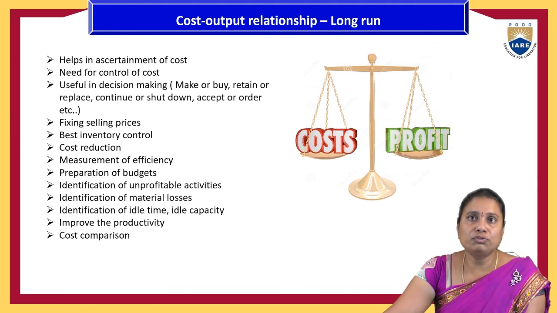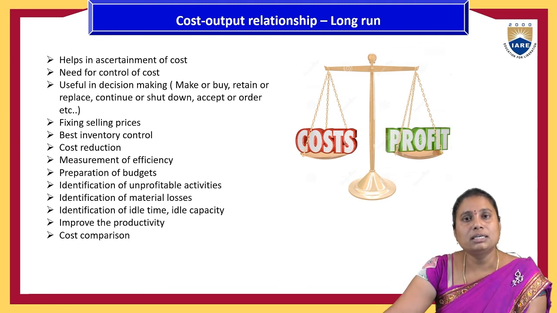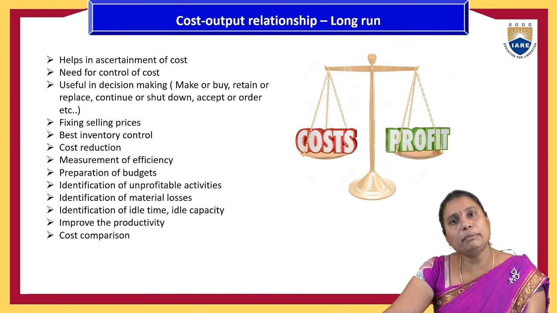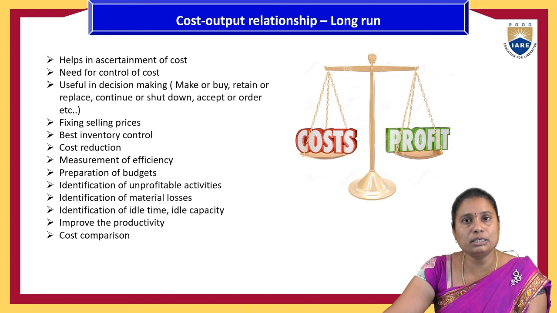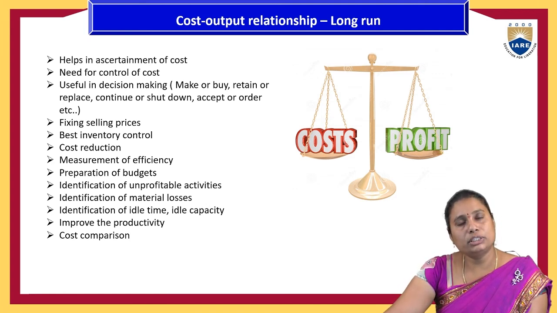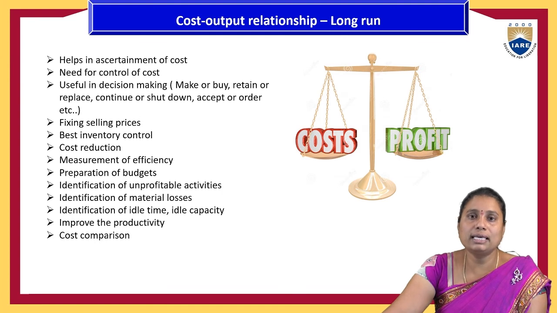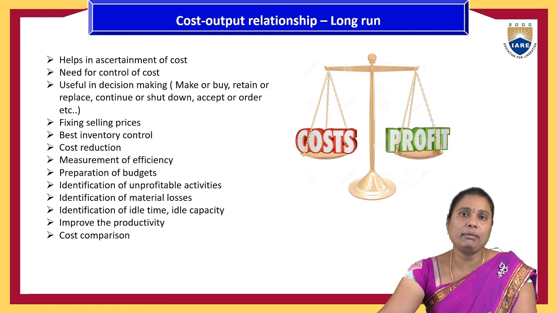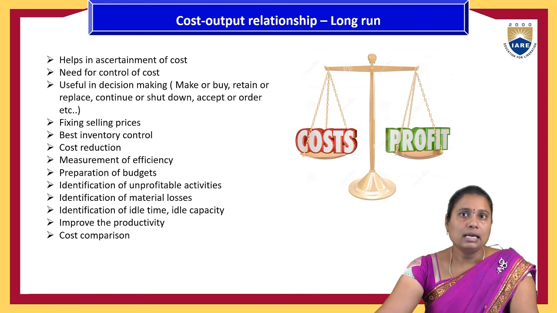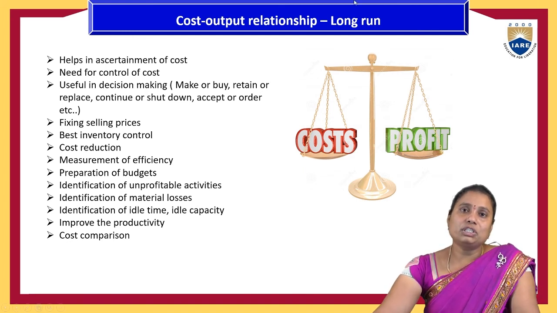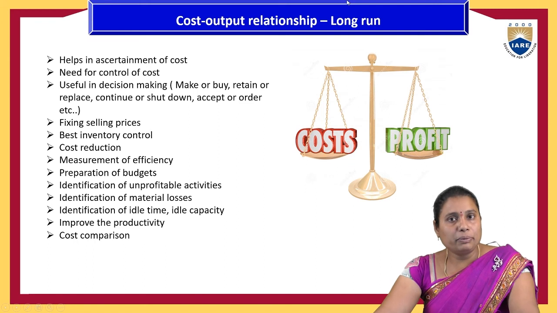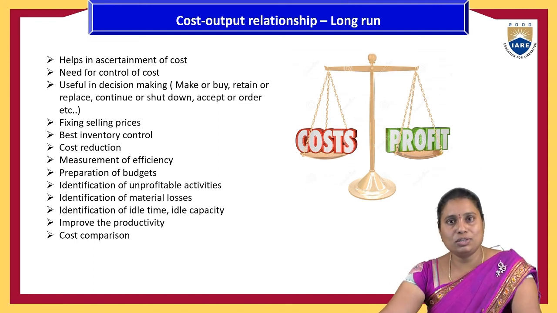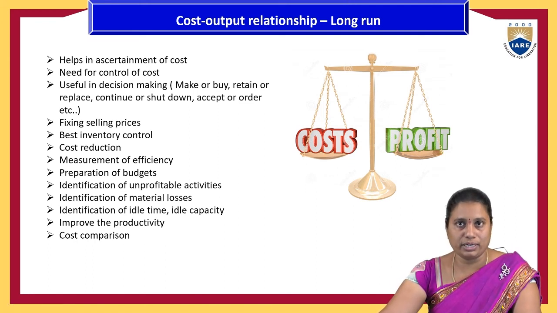It is also useful in decision making, that is whether they can buy or not, whether they retain the same plant or replace it with a new one, continue the business activities, or shut down that business unit, or accept a particular order or not, can easily be known with the help of this cost analysis. And for selling price fixation, cost analysis is also very important. Based on the expenditure only they can fix the best price for the product.